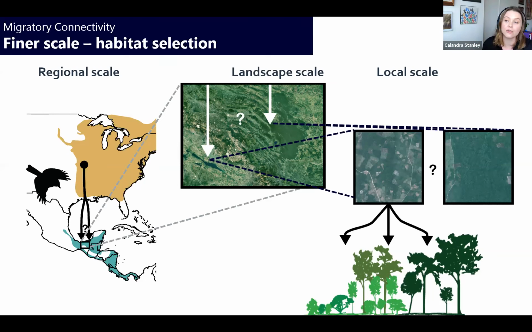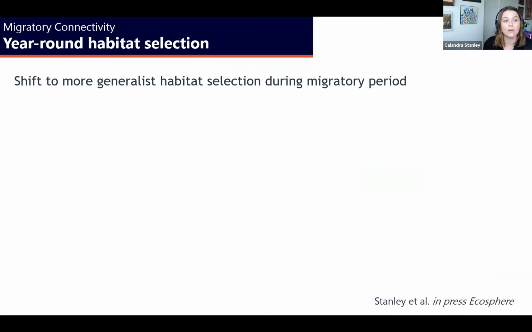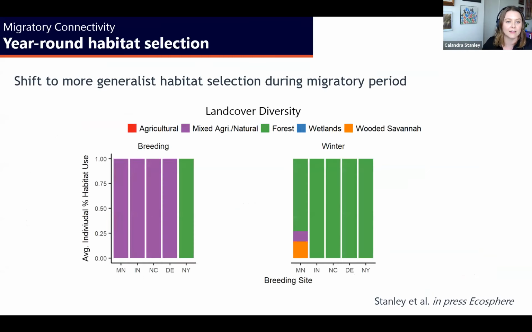We were able to do this with wood thrush using the data we collected from GPS tags. And what we found was that wood thrush shifted to a more generalist habitat selection during migratory periods compared to breeding or wintering periods.